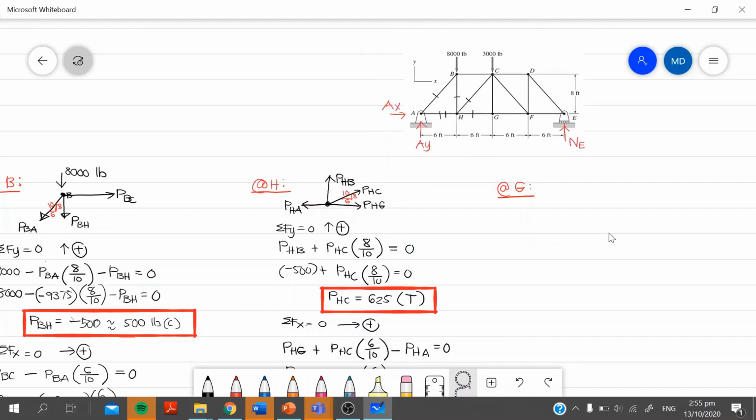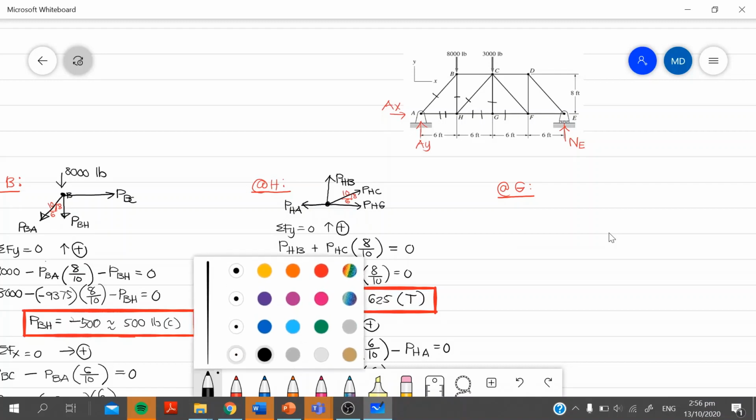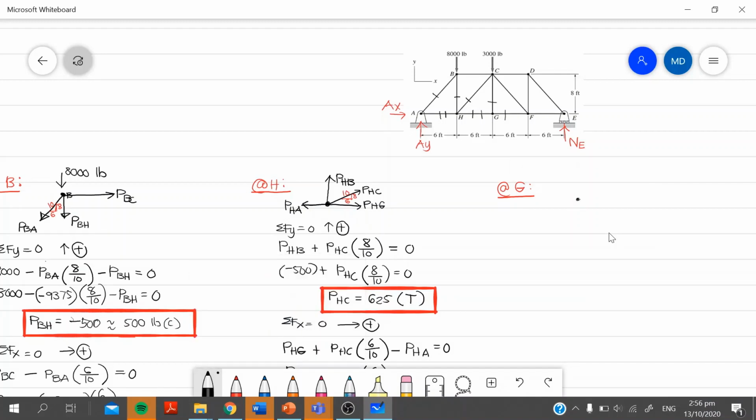Okay. At joint G, ano yung mga members na kumabit sa kanya? Ito, at saka ito. Okay, so assume na tension lahat, meaning away from the joint G. So this one, kanang vertical force GC, diba? And then force GF, and then force GH.